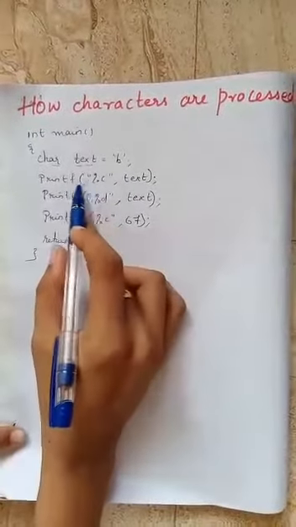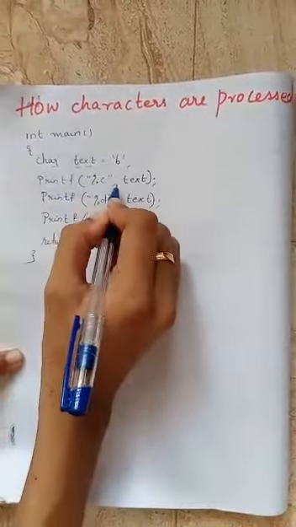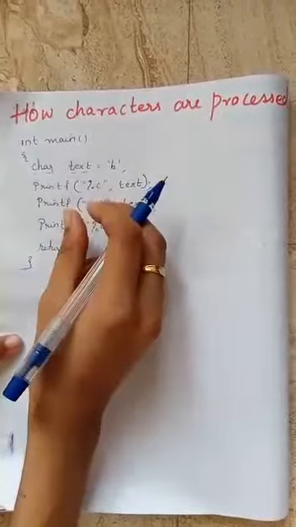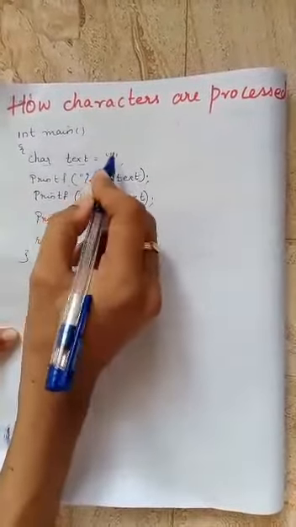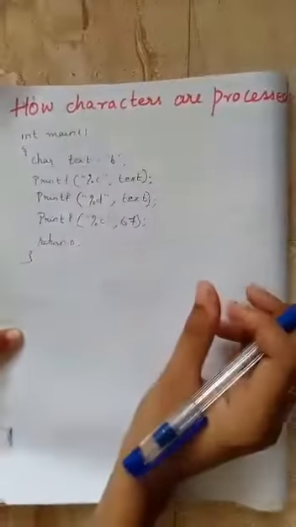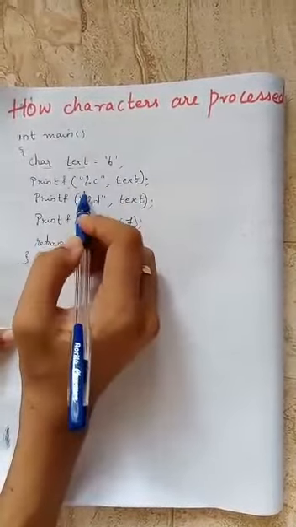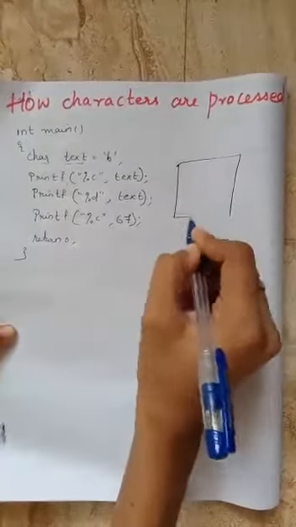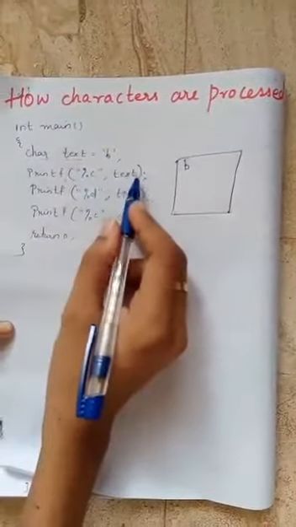In the print statement, we have written printf %c text. %c is used to get the output as the exact character itself. So here the character is small b, and we'll get b itself in the output.